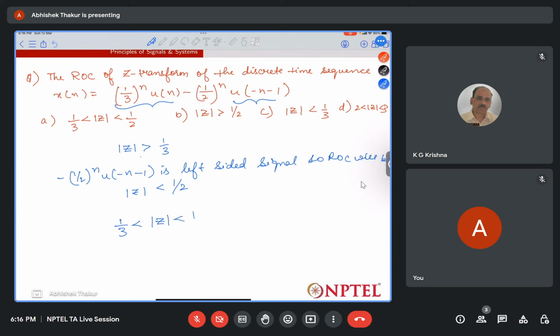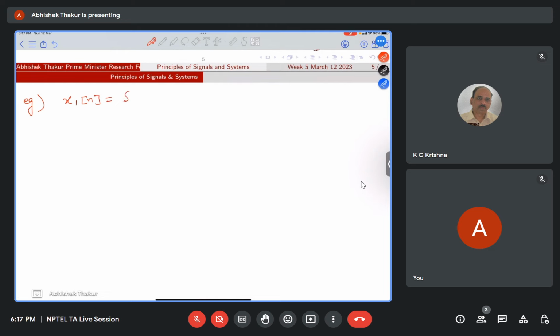Also, we will see some small examples. Like some finite duration signal is given and we have to find the z transform of that and comment on the ROC. So let's suppose x1[n] is given as 1, 1 and 1, and in this question it is given that this is the 0th index and this is a right-sided signal.